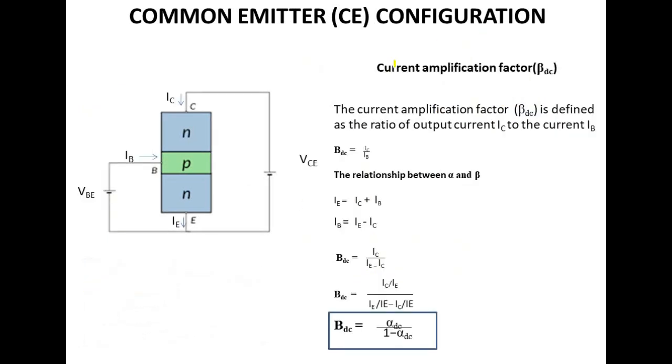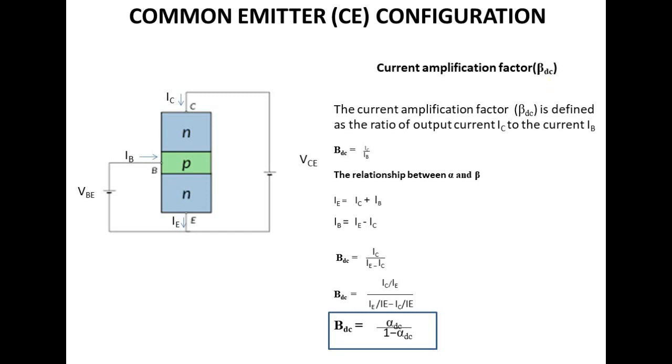Now we will derive the current amplification factor beta DC in case of common emitter configuration. We have already studied that in common base configuration we have the current amplification factor alpha DC.